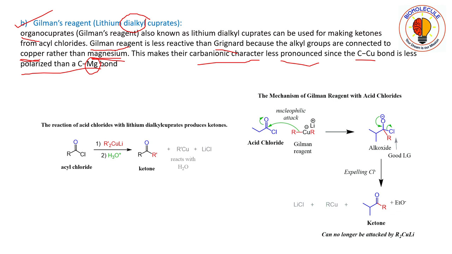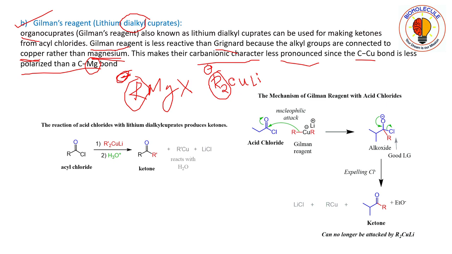So in Grignard reagent, that is in RMgX, okay, the alkyl part has high density of negative charge, whereas in Gilman's reagents, that is R2CuLi, okay, this alkyl part has much lesser electron density.